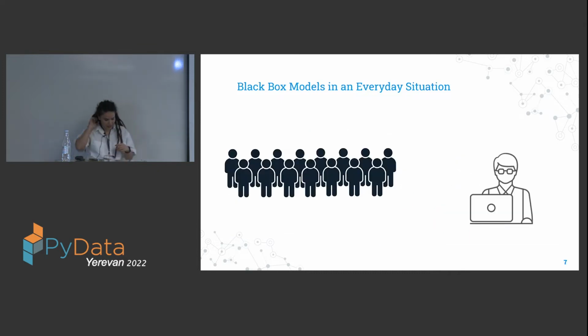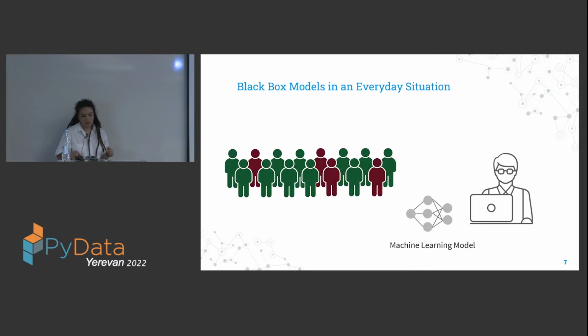To highlight the importance of explainability, I will bring a simple example. Let's imagine we have applicants who applied for a loan, and the analyst who gathered the data is feeding this data to a machine learning model, and the model is making an automated decision on who would get the loan and who would not.